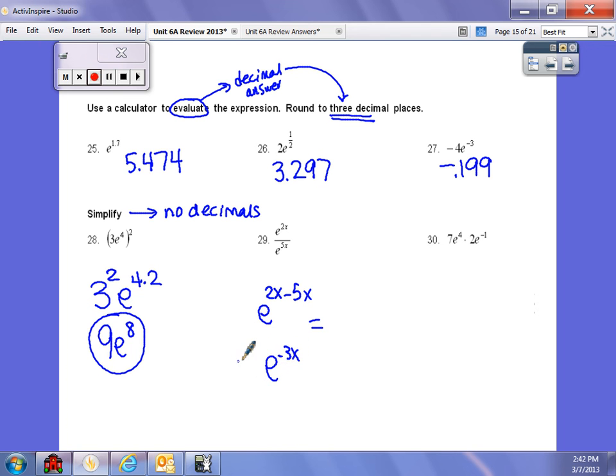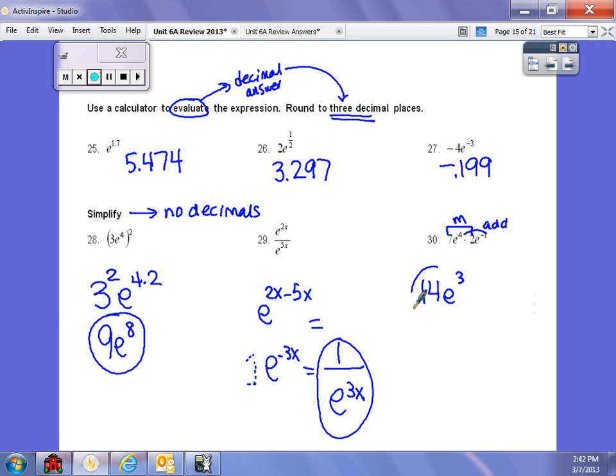Since we have no coefficient here, we have like an imaginary coefficient of 1. Your answer would be 1 over e to the positive 3x. And then the last one, you multiply your coefficients and add your exponents. So it'll be 14e to the 3. That's it. You don't have to do anything else.